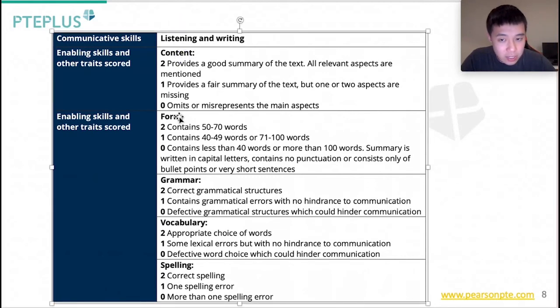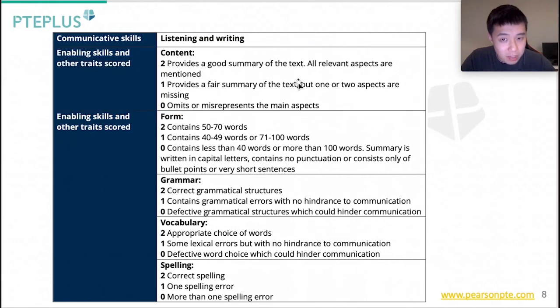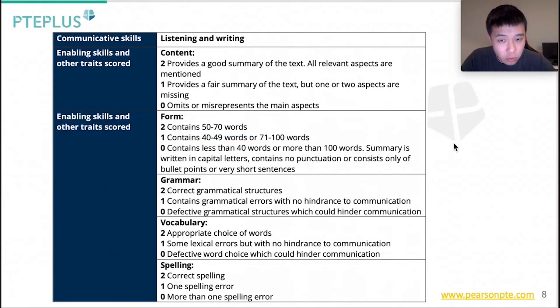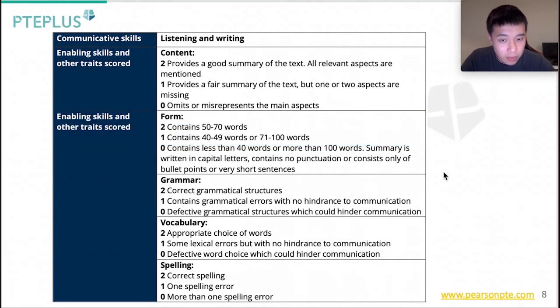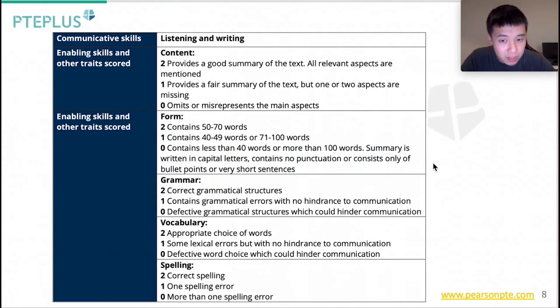It has content, form, grammar, vocabulary, and spelling. So for content, the more original content or aspects, right, we're able to produce, the better. And then form, it has a strict rule, which is you have to write a summary between 50 to 70 words, and then you should make good use of punctuation and spacing, right?